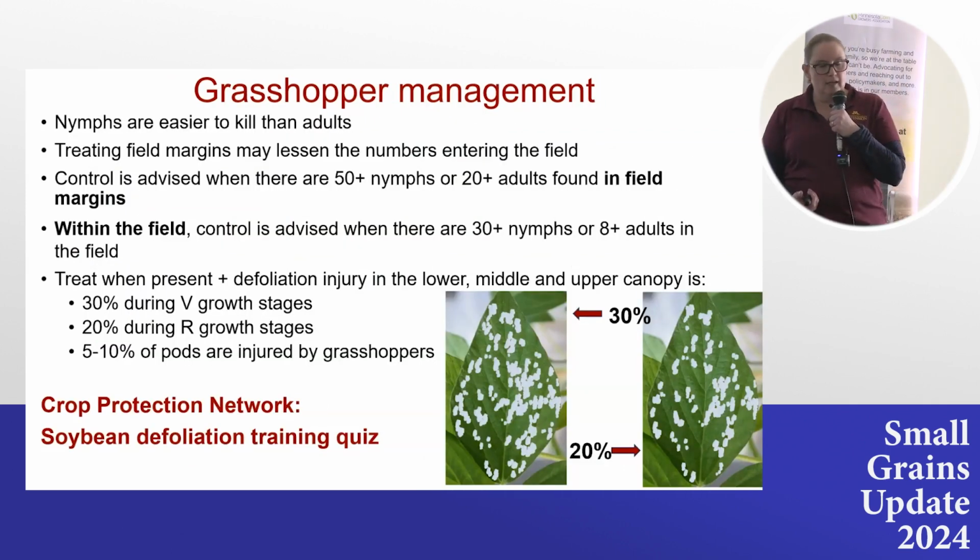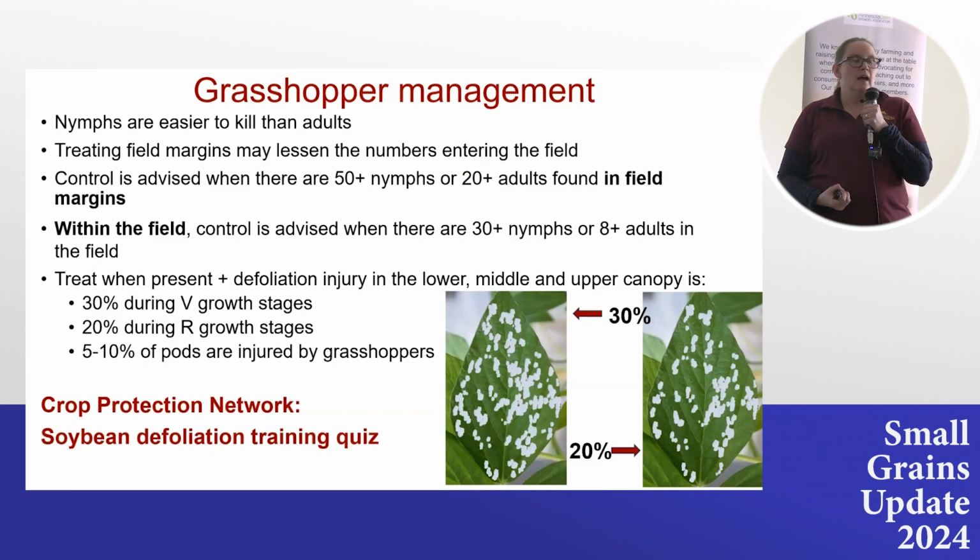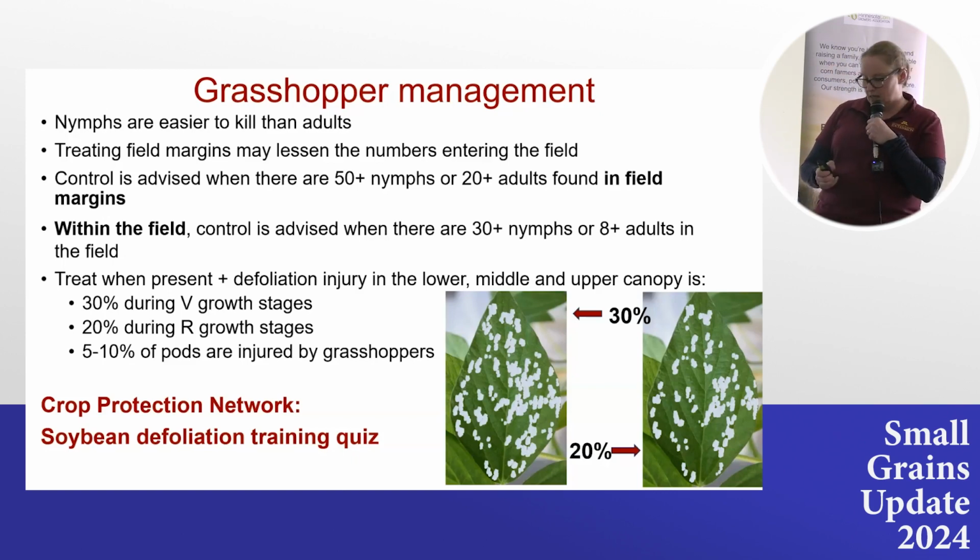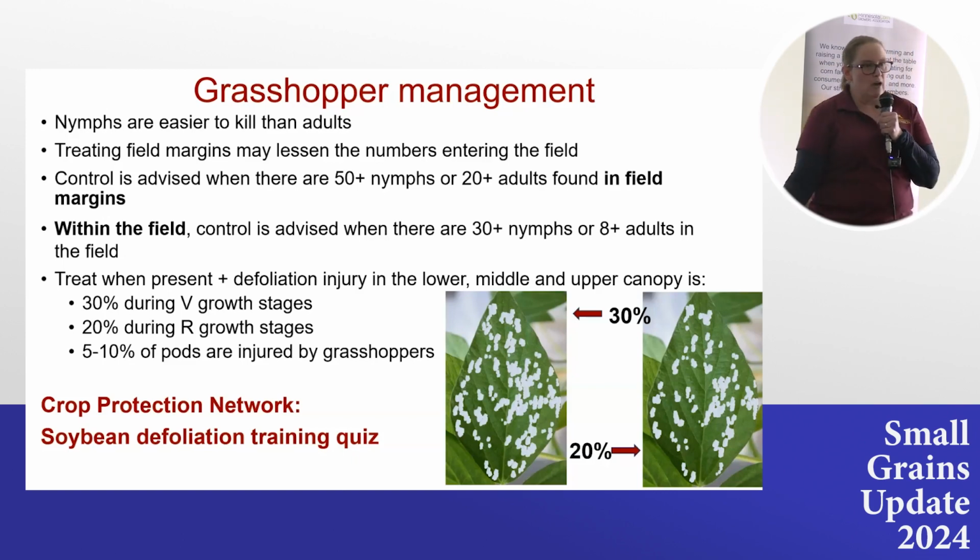So when it comes to nymphs, outside the field, we need 50 or more. The adults outside the field, that's 20 or more adults, and that's per square yard. Within the field, that number drops.